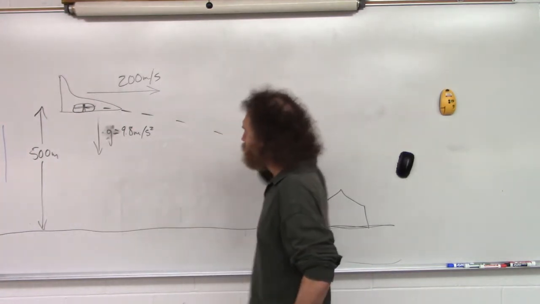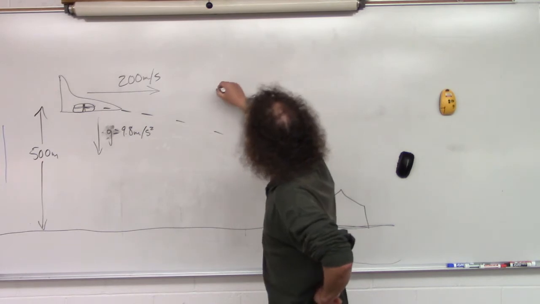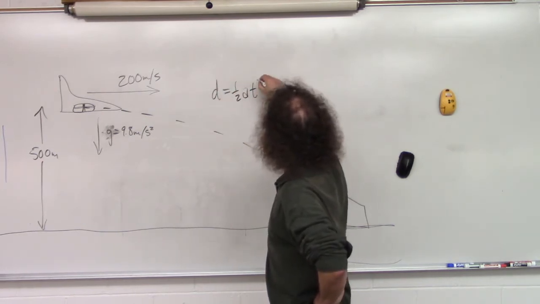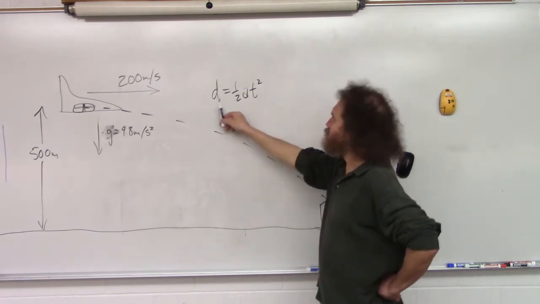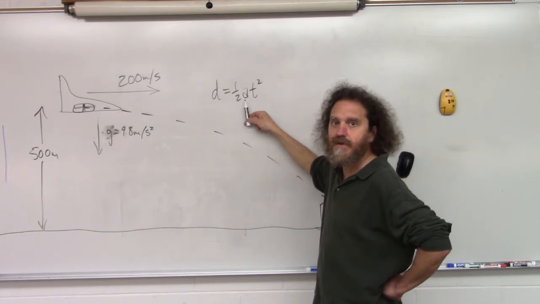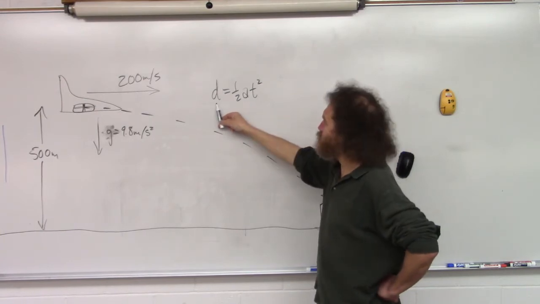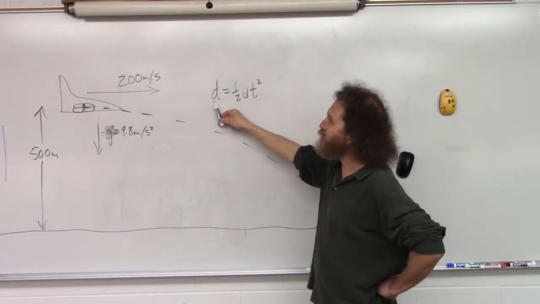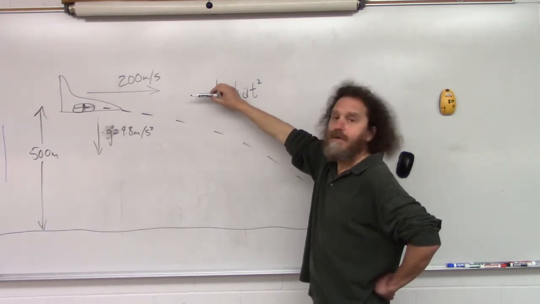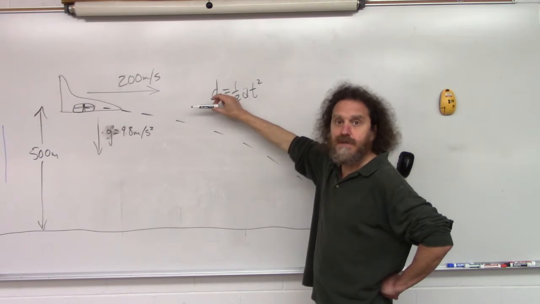Let me do this. So remember I told you that if an object is accelerating at a constant rate from a standing start, it goes this far in that amount of time if its acceleration has that value, right? So how long would it take to go 500 meters? If the plane is moving horizontally, the thing is motionless in the vertical direction.